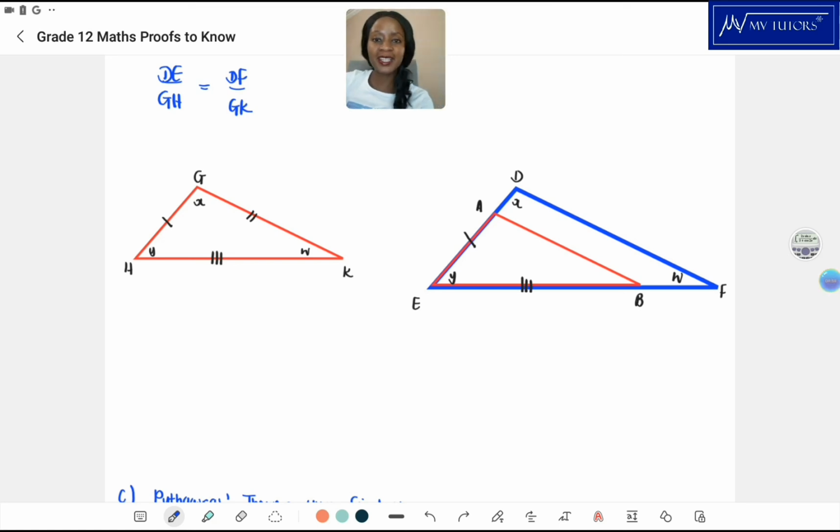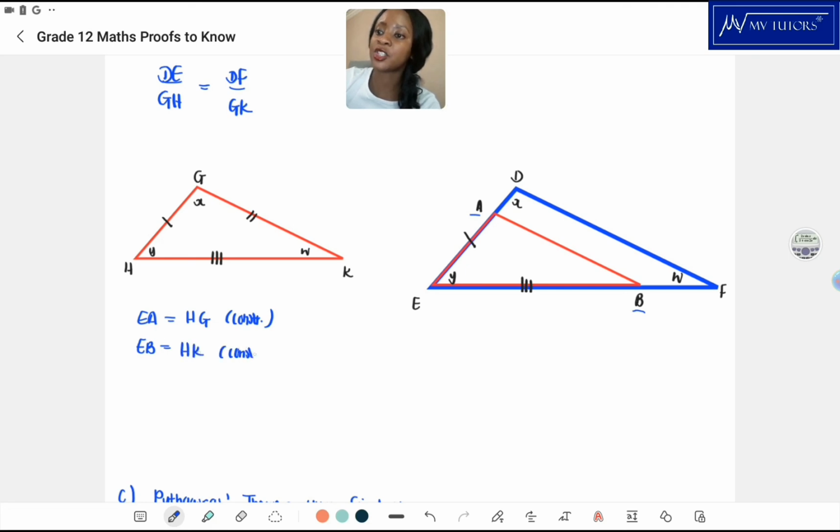We can show again, what is it called? Congruency. So then we can say that EA, just by putting in A and B, is actually equal to HG or GH, and that is due to the construction that we did. And then we can also show that EB is equal to HK.